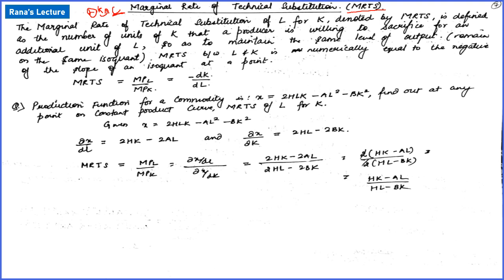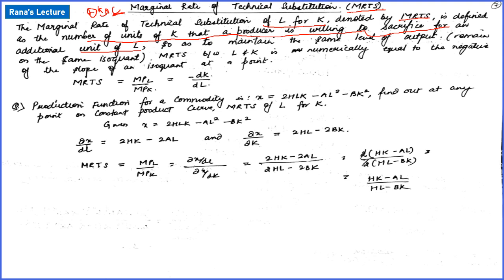The marginal rate of technical substitution of labor for capital, denoted by MRTS, is defined as the number of units of K. How many units of K? How many units of capital will you sacrifice? That a producer is willing to sacrifice for an additional unit of L. You want to increase labor, but your output is the same, right? Your output is the same.